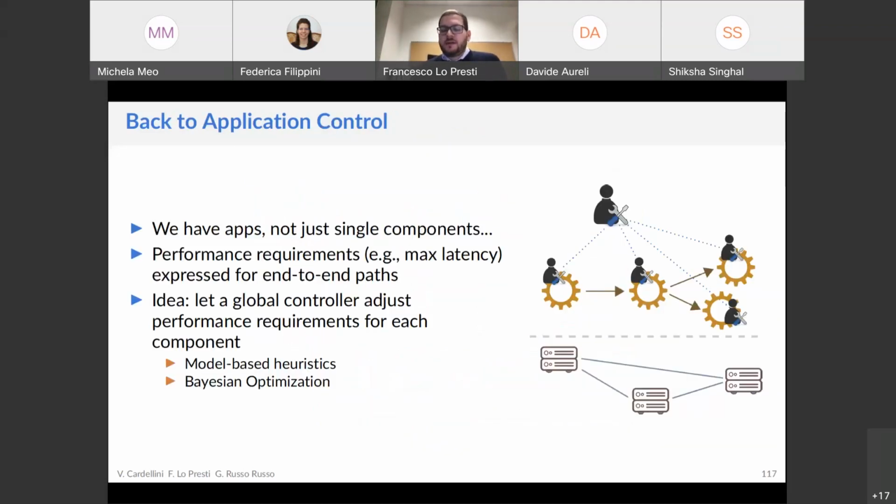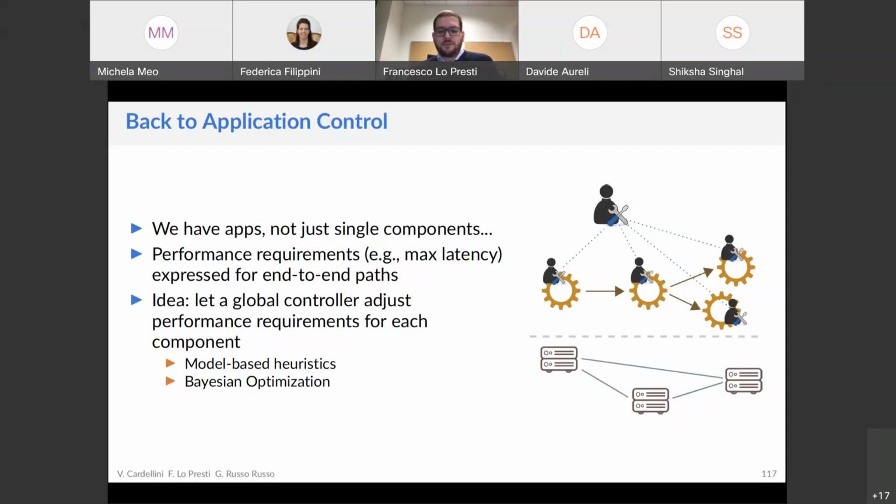So we are reaching the conclusion. We must keep in mind that our ultimate goal is not to control single components in the application, but the whole application. As Francesco mentioned before, we usually have performance requirements expressed for the whole application. For instance, we may have maximum response time requirements for end-to-end paths in this application graph.